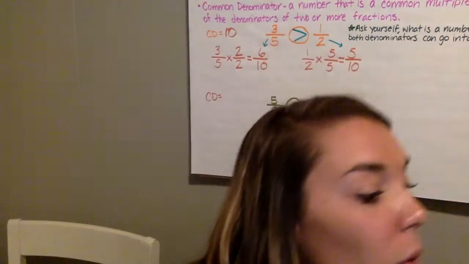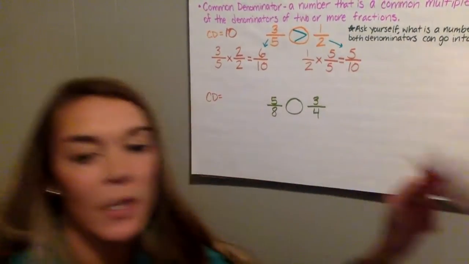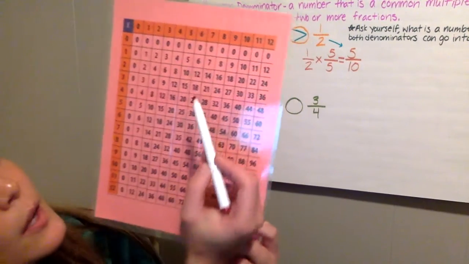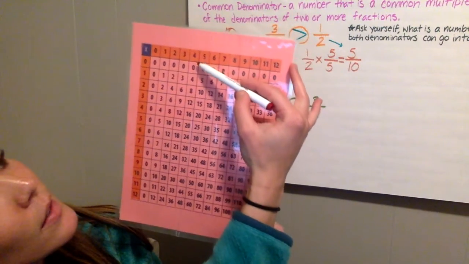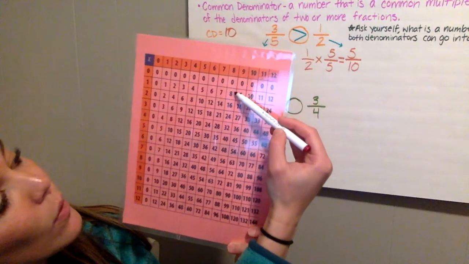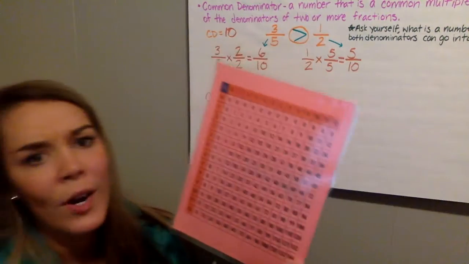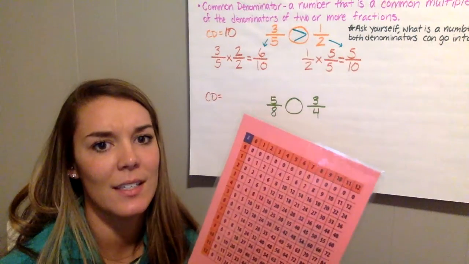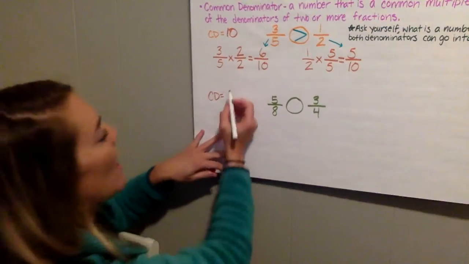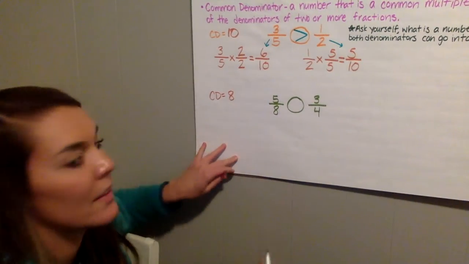So if I don't know, I could use my multiplication chart, and I could go down my 4 and down my 8. Oh, both 4 and 8 can go into 8, right? So my common denominator is 8.